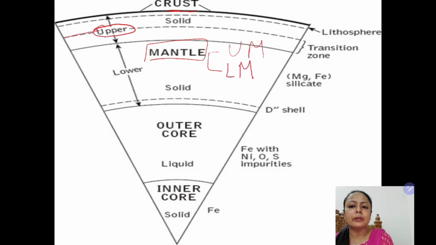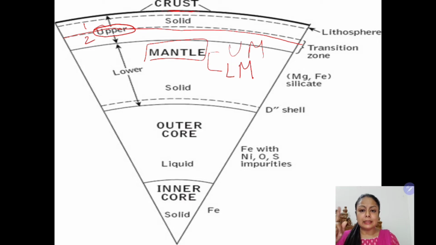You can see a boundary is there because upper mantle is divided into 1 and 2. Upper part of upper mantle, I will write like this, and this is lower part of upper mantle. So children, the upper mantle is divided into 2 and the lower mantle is not divided. It is a single layer. So this is about the division of the mantle.